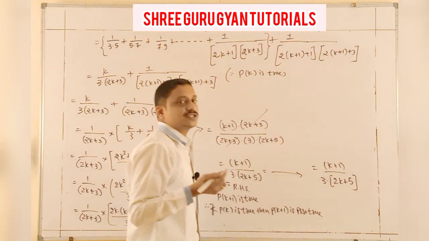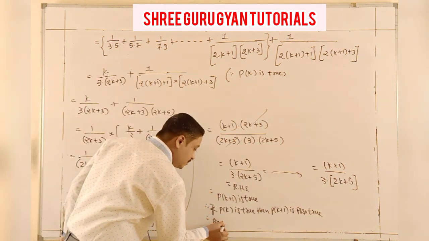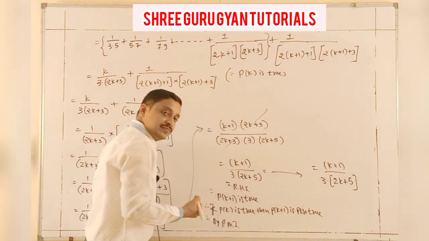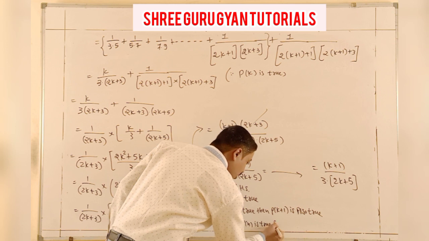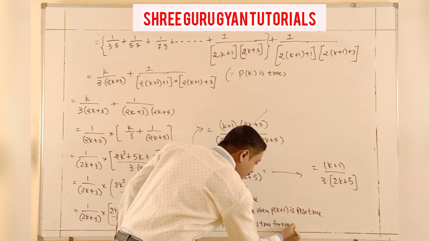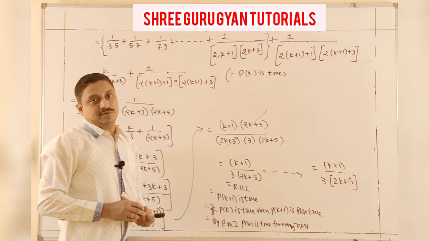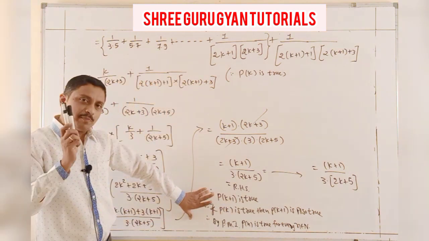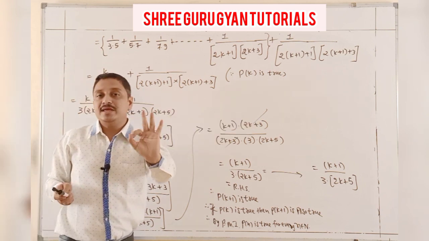And here students, this numerical is solved by PMI. P(n) is true for every n belonging to natural numbers. Students, these three lines are compulsory to write in every numerical for PMI.